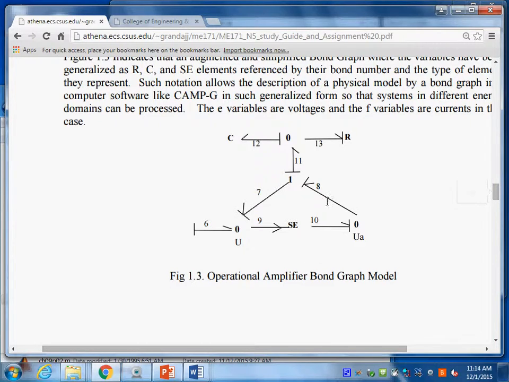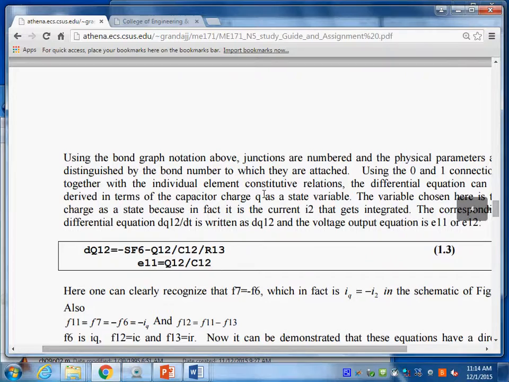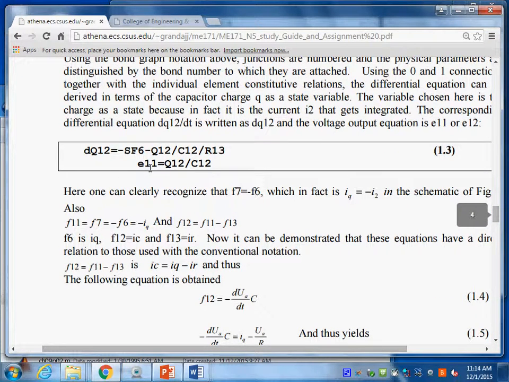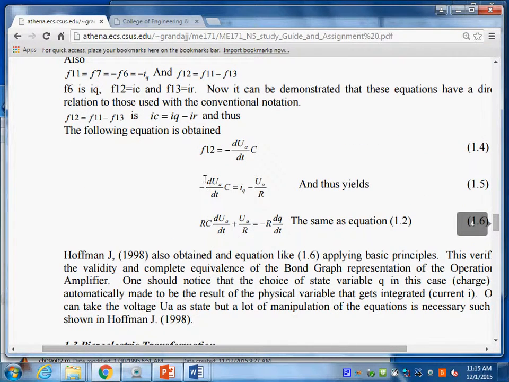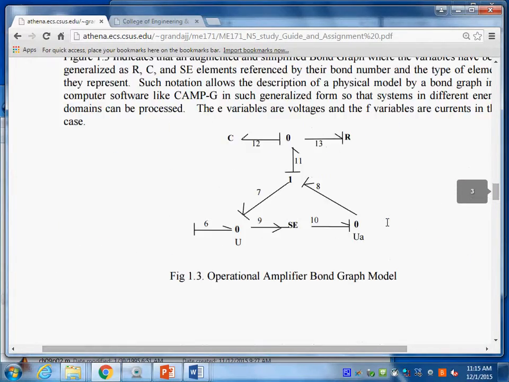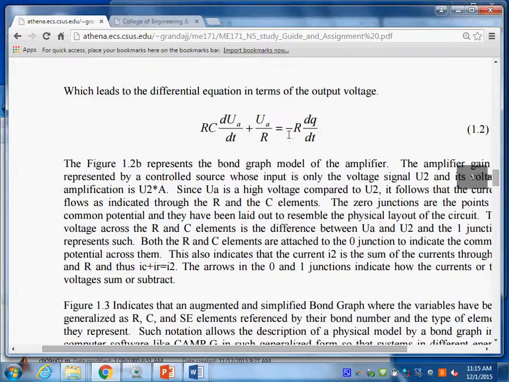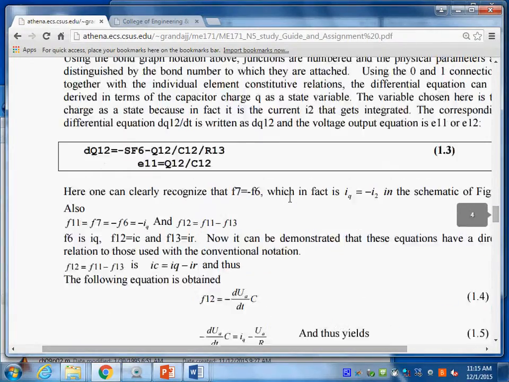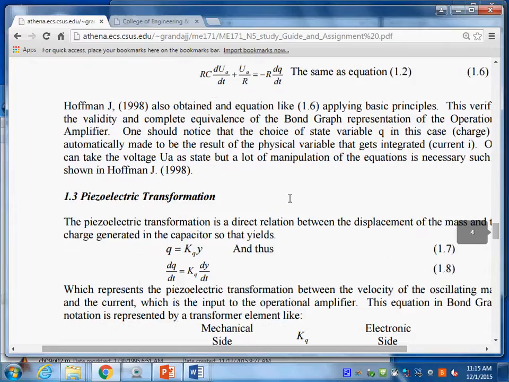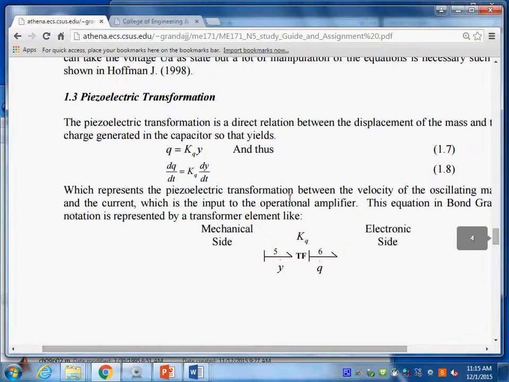And this is the bond graph model, and in writing the equations for that bond graph model, I made a comparison of the variables on the bond graph model to the variables of the equation 1, 2, which is this one right here. So just a little demo to show that the methods produce the same answer.